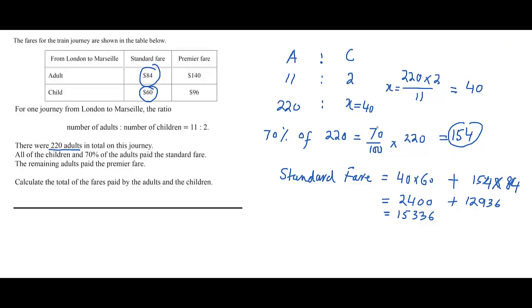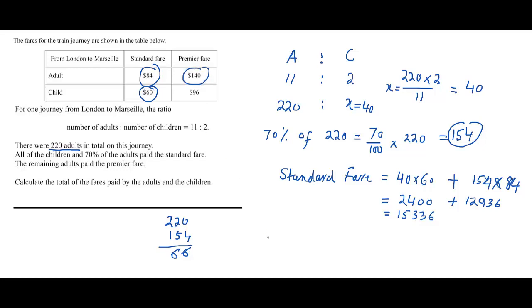Okay, so now how many adults are left? So 220 minus 154. So these are the 66 adults who paid premier fare.